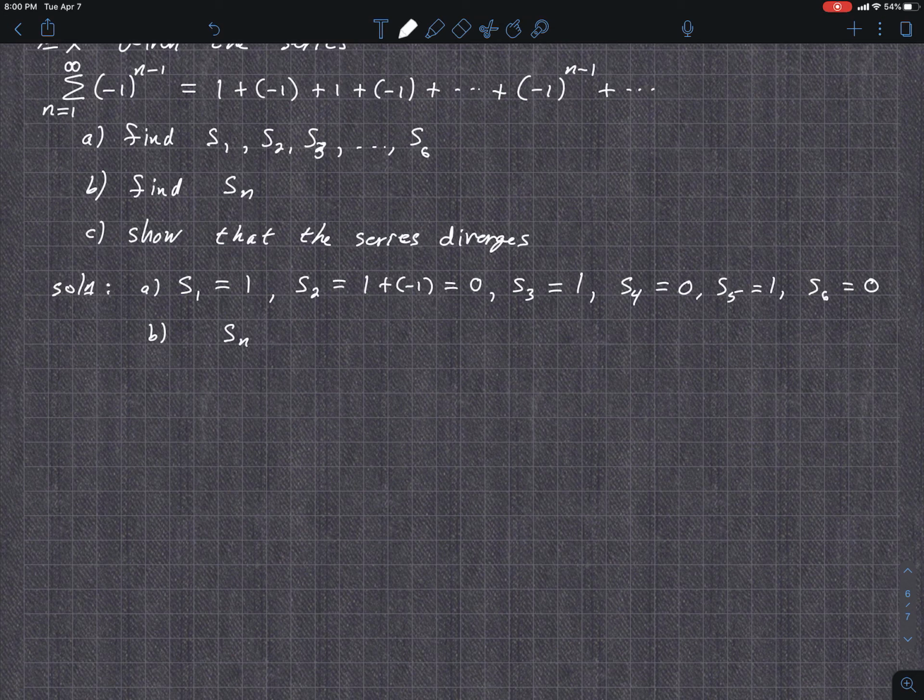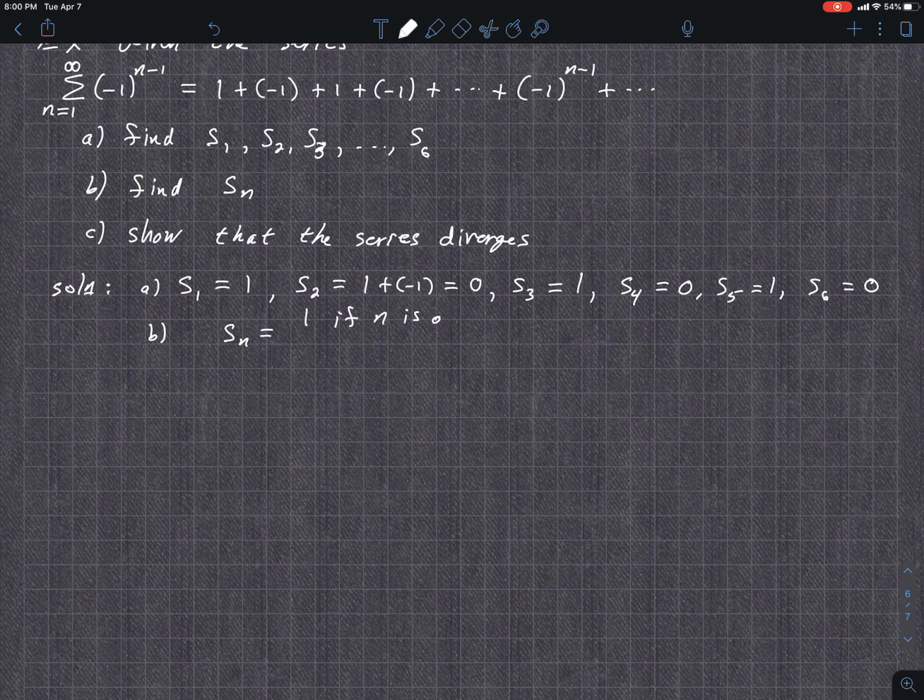And then B, this is more of an analyzing. You've got to say, what's really happening for S sub n? So S sub n, again, you're adding up n terms of the sequence.